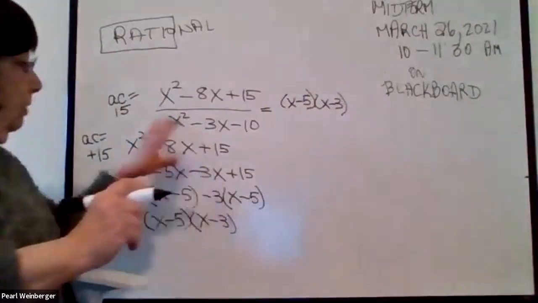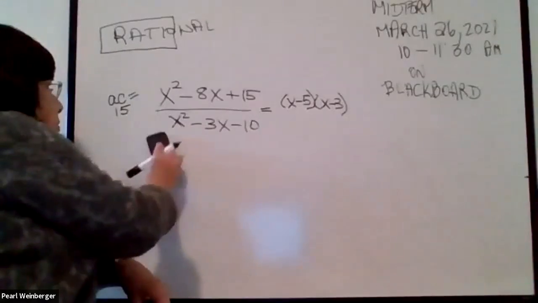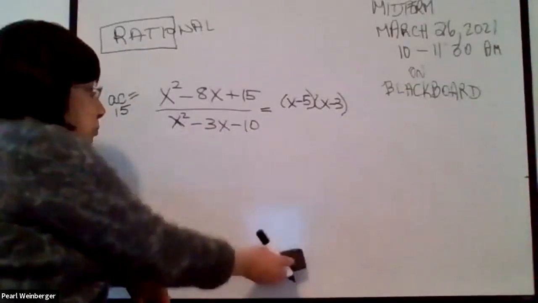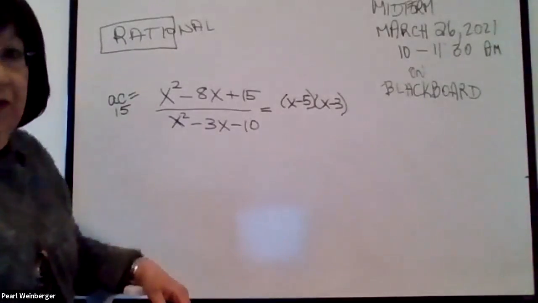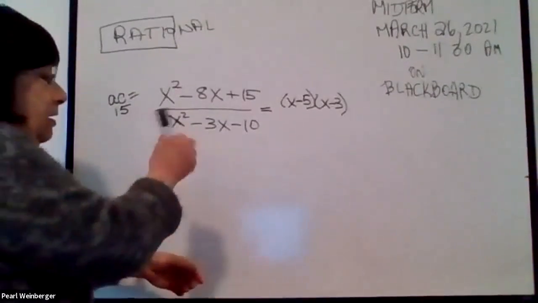Okay, can I erase this? Yeah. Okay, so let's go to the denominator. You'll see all the hard work has to do with the factoring. If you're good at factoring, it's easy. If you find factoring harder, it's going to be harder.